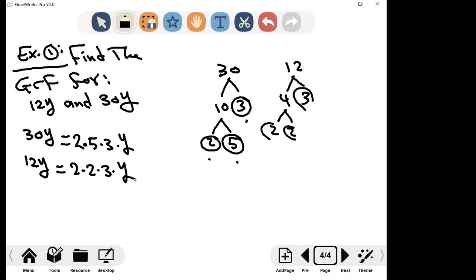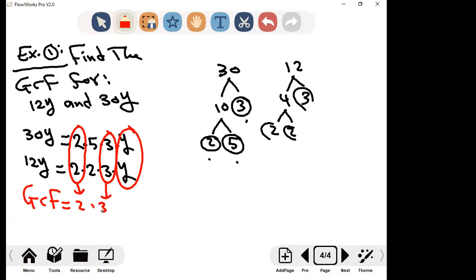As we did with the numbers, we will do here. I will select the common ones. Right? Common means up and down at the same time, right? Now the GCF, from each common group I will take one, multiply. So 2 multiply 3 multiply y.